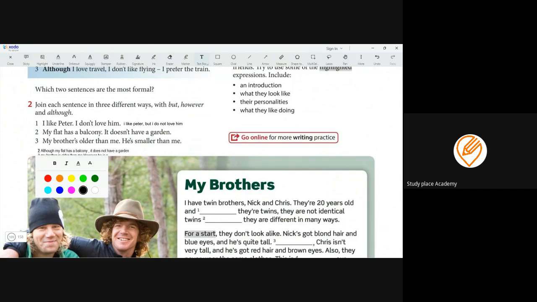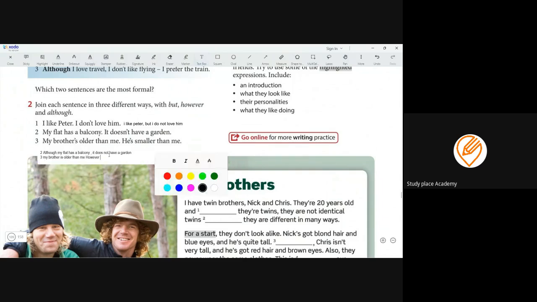Okay, I missed something here. I'll correct myself. It's a comma. I'm not sure if I put it. I didn't put it. So I should put a comma here and then he is smaller than me. That's great. And so on.